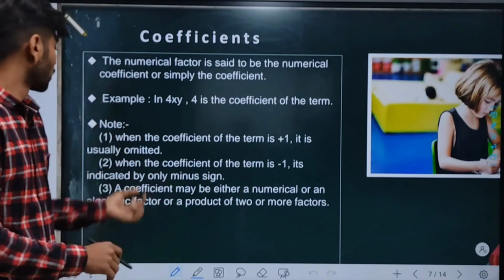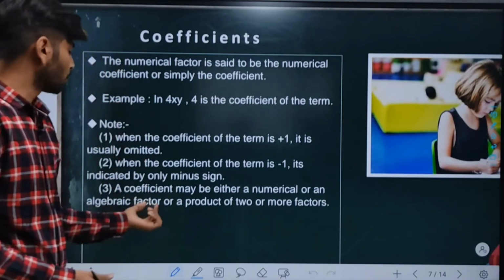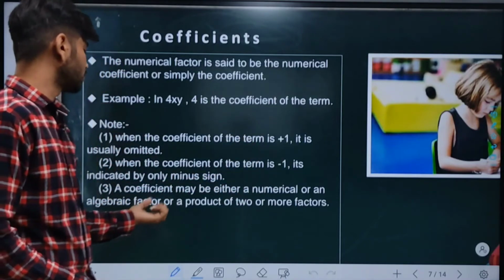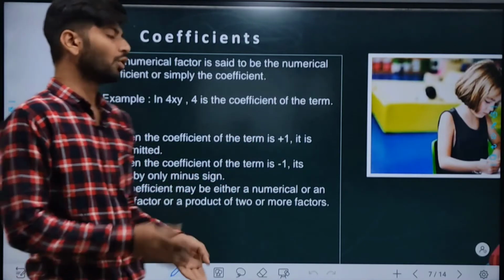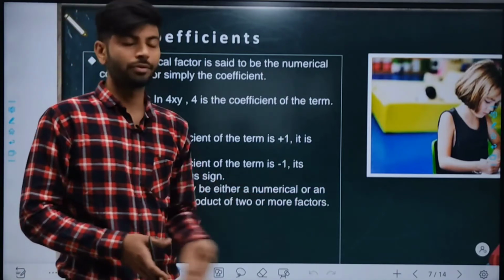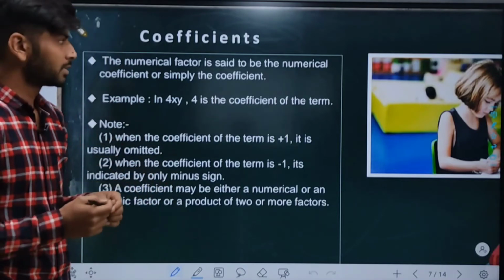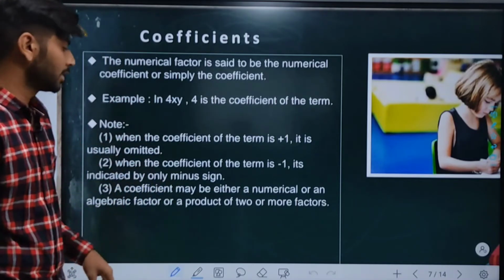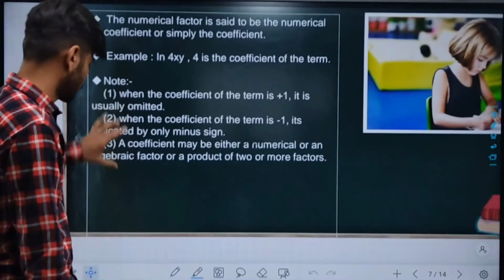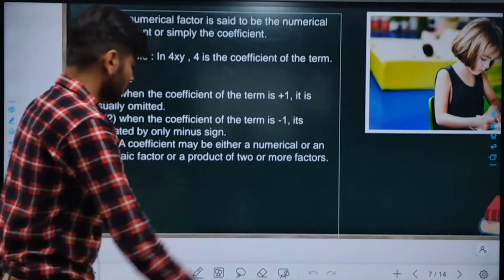Now the third note, which is very important. A coefficient may be either a numerical or an algebraic factor or a product of two or more factors. Sometimes it is asked, let's take one example.